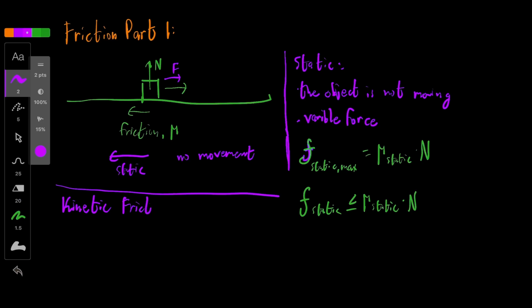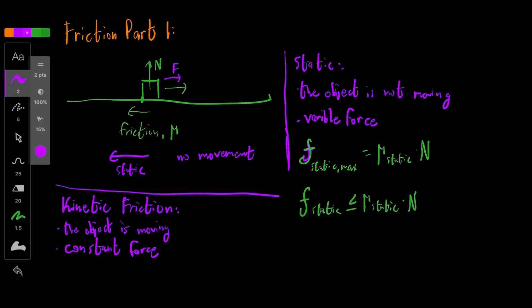Now, what about the other type of friction, which is kinetic friction? Kinetic friction is a little different in that the object is moving in this scenario. It has overcome the force of static friction. The other thing with kinetic friction is it's a constant force. It doesn't have any variable change.